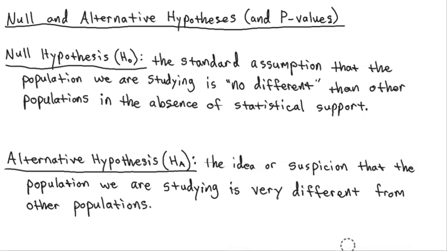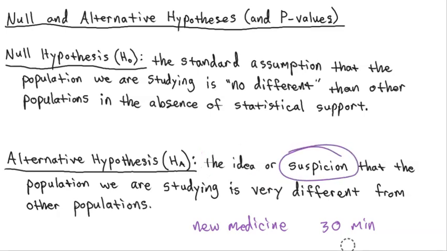All right, so let's think about this medicine. We have this new medicine. Now, the null hypothesis is that it makes a headache go away in equals 30 minutes. But the company that has made this new medicine has a different idea, or a suspicion that is different than the null hypothesis.